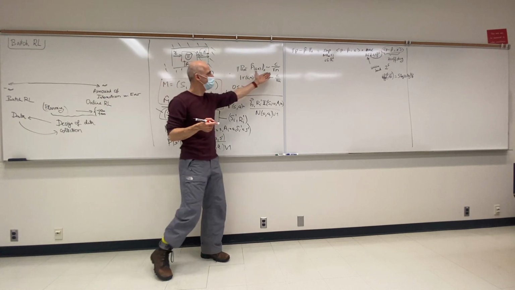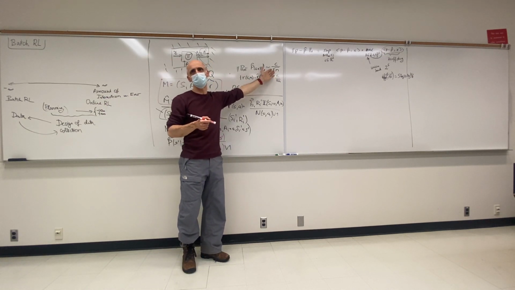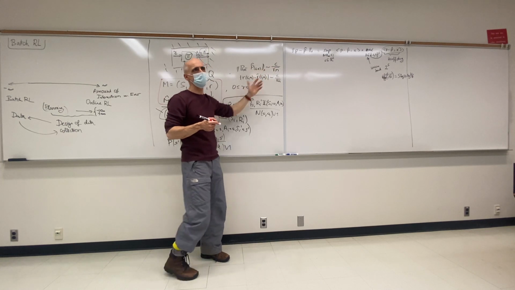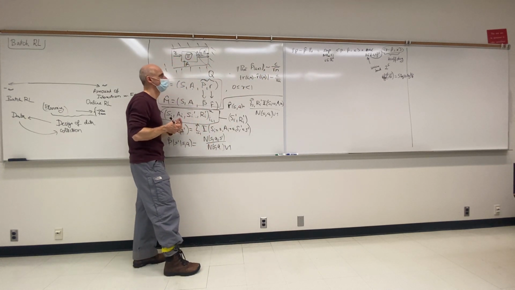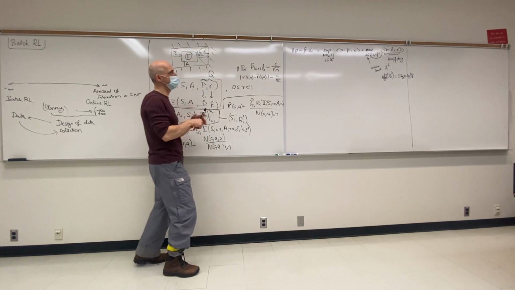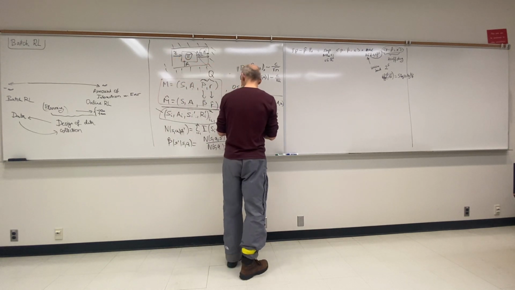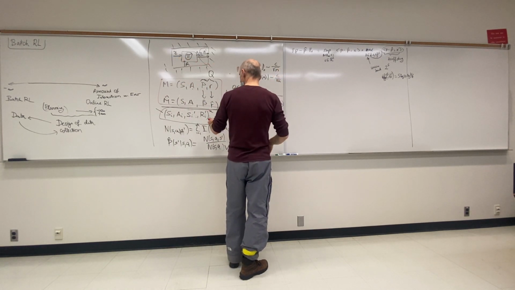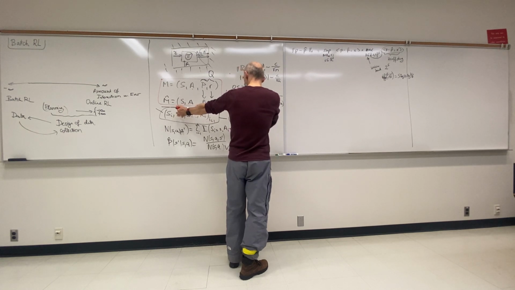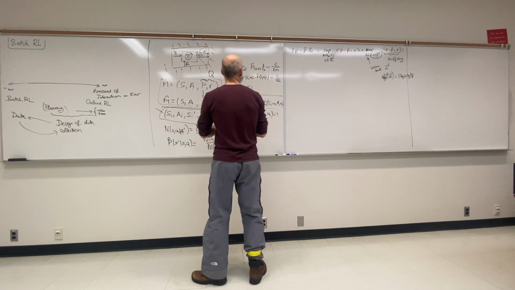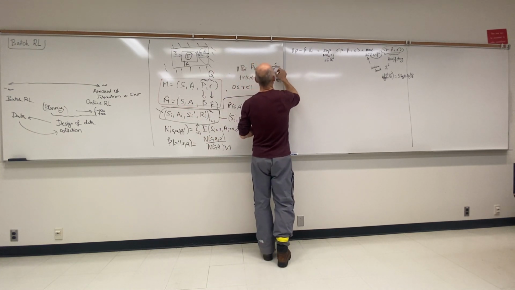So this n is not going to be uniform anymore, because here this n is actually, it's not really n, but it's how many times in the data you have seen a given state action pair. Okay, so I should have written this N_SA, and then nothing changes.